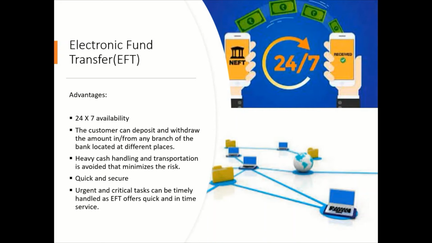EFT has various advantages such as 24/7 availability, that is, the funds can be transferred anytime, instantly the payments can be done. The customer can deposit the money in any branch or withdraw the amount from any branch of the bank located at different places.